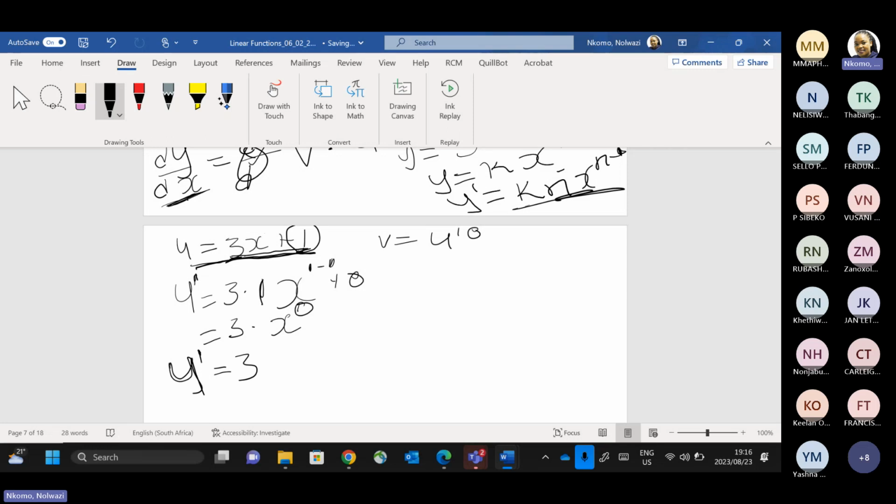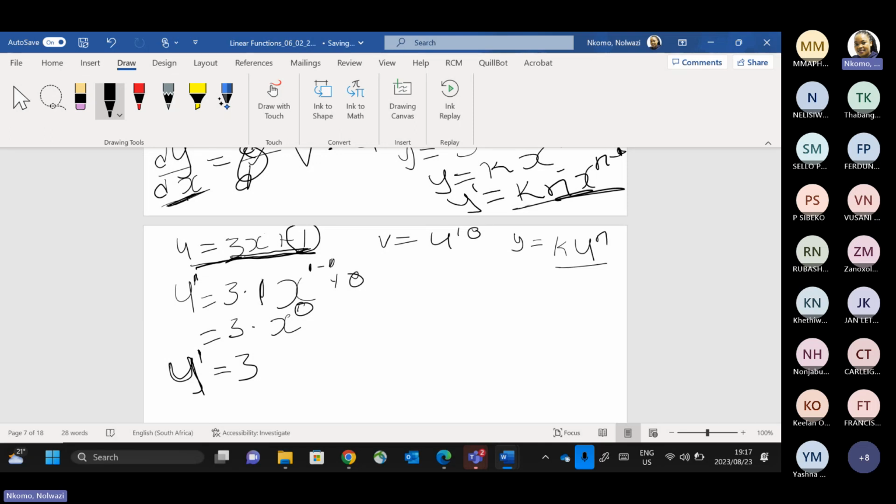We have another function, which is v equals u to the power 10, and we need to find its derivative. This is the same as if you are given y equals k u to the power n.